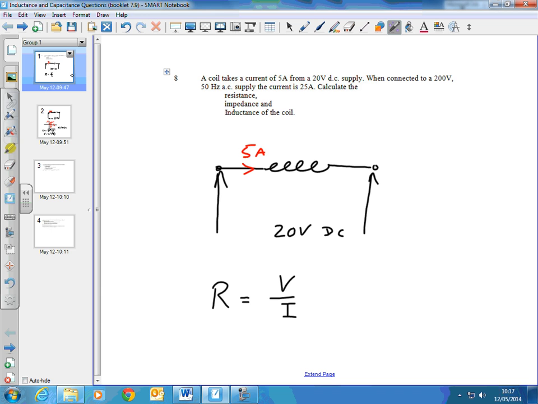So, as you may remember, the first thing we do is with a DC supply we can calculate the resistance R using Ohm's law.